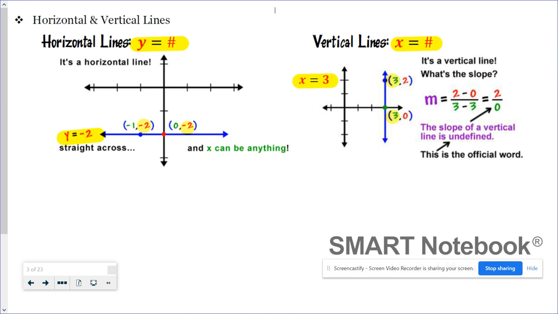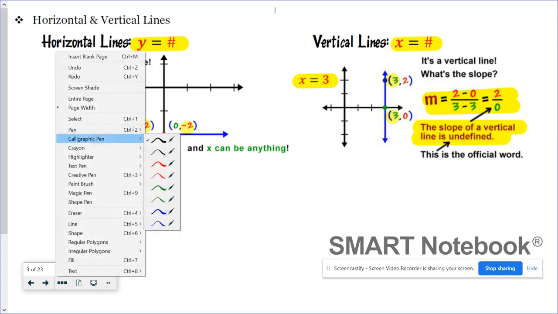Great. So I can use my slope formula to determine the very special relationships that are happening here. For the vertical lines, they already showed us. They used their slope formula, and they ended up with 2 over 0. Now, we're not allowed to divide by 0 ever, so that's why we say that the slope of a vertical line is undefined. That's the official word.